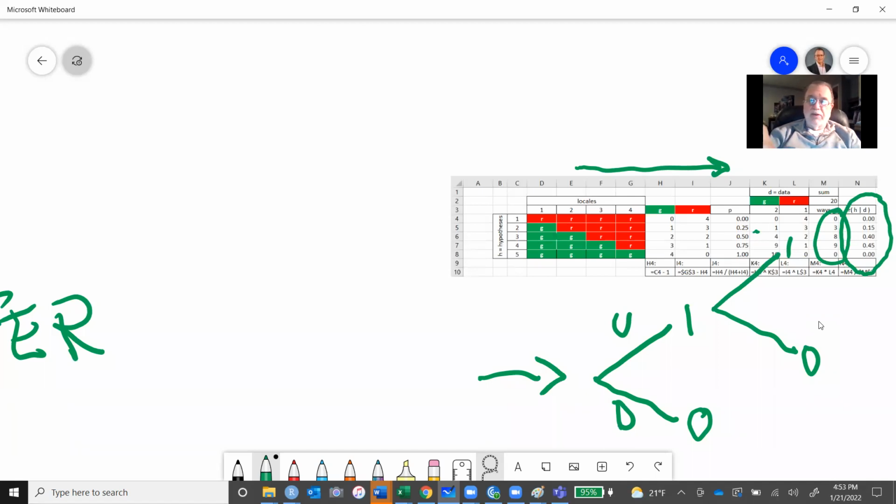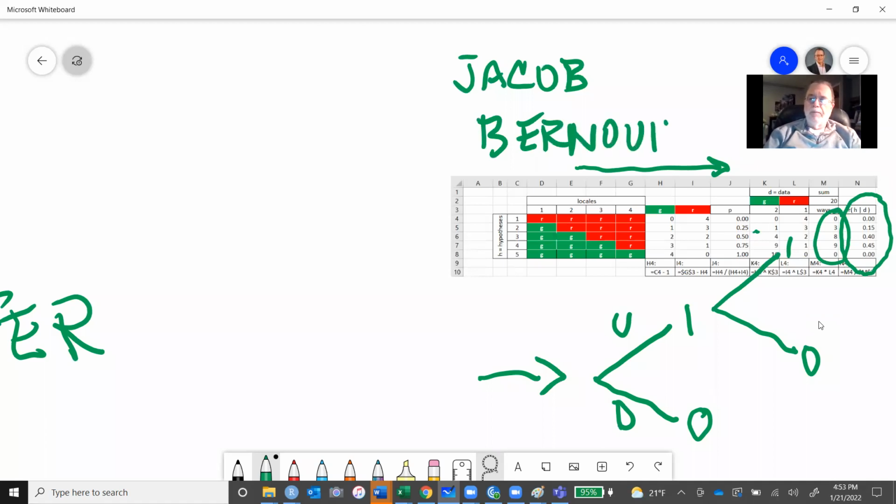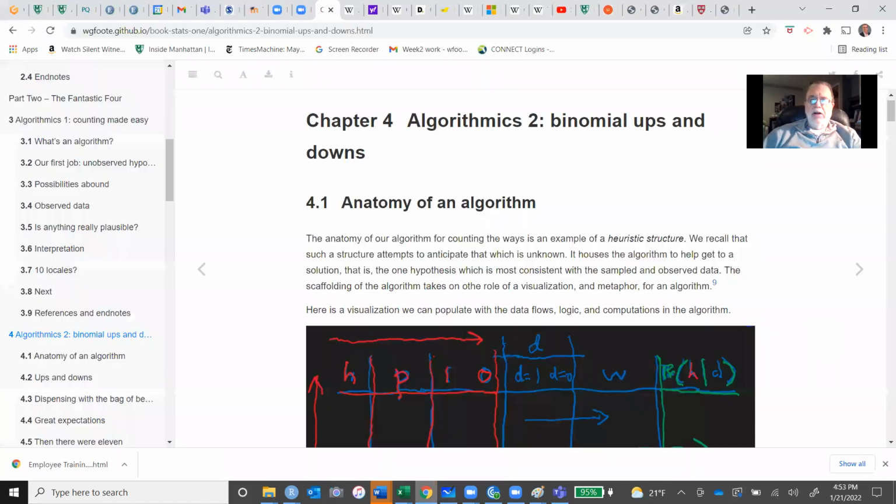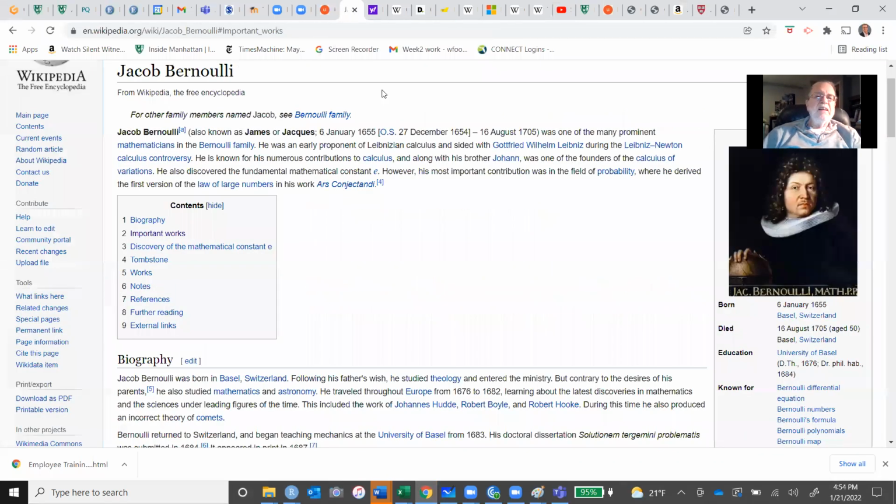several places, but probably most notably Jacob Bernoulli. And you can look up Jacob Bernoulli in a fairly well annotated Wikipedia article, which is right here.